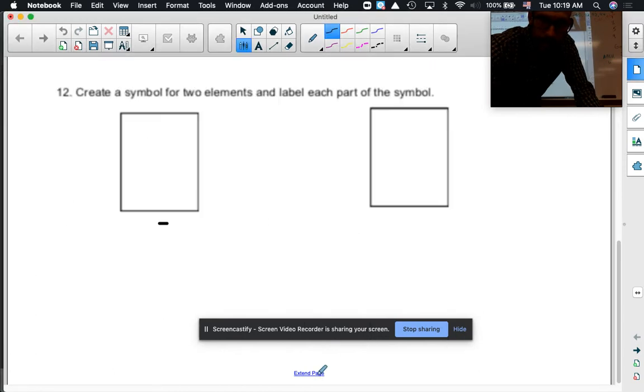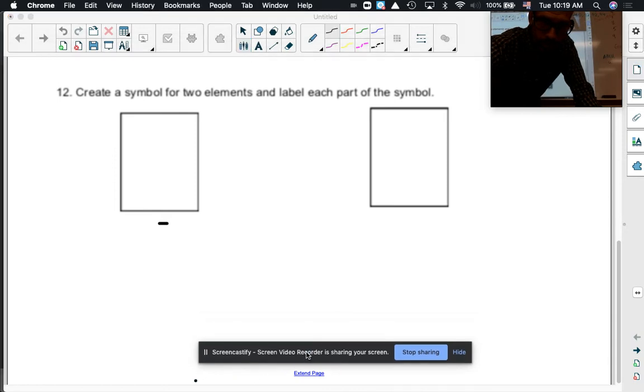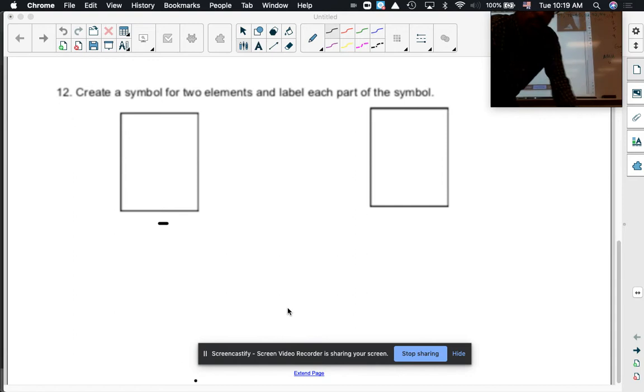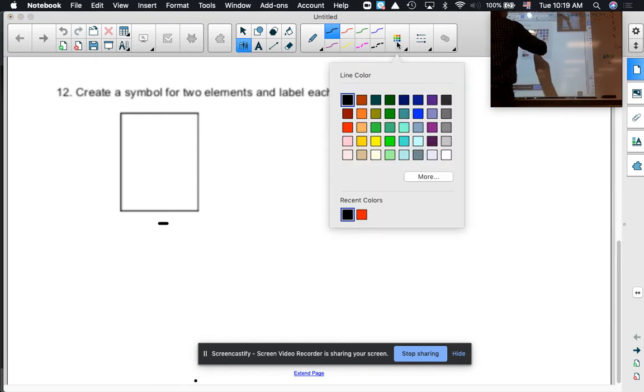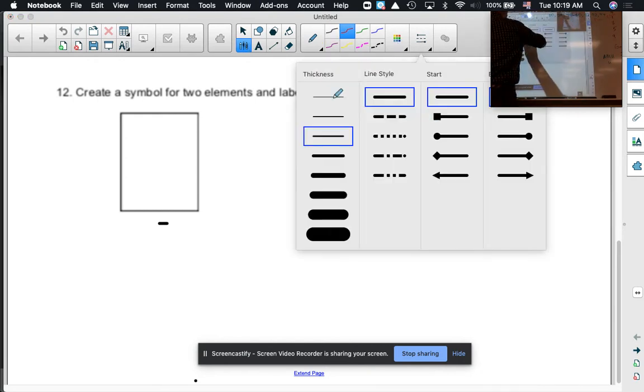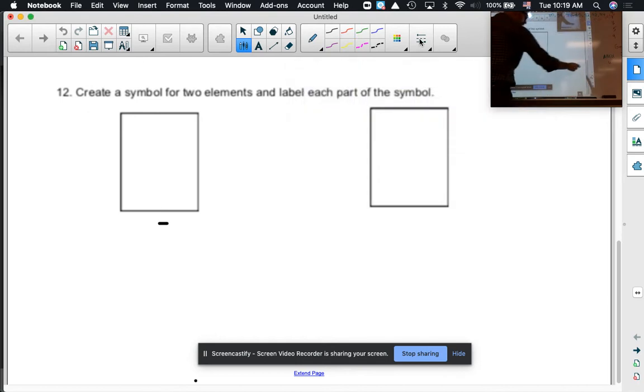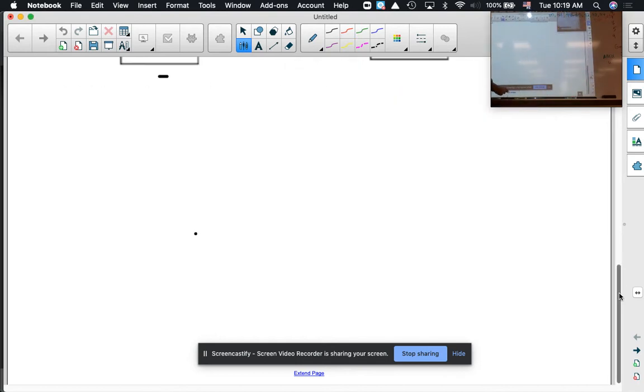I've got to extend the page again and drag this down. Oh my gosh, what is happening right now? This is not cooperating. Okay, finally it's working. Let me get this extended.